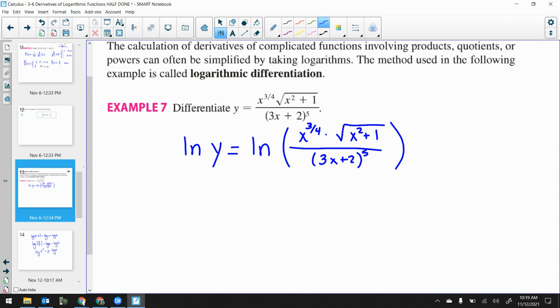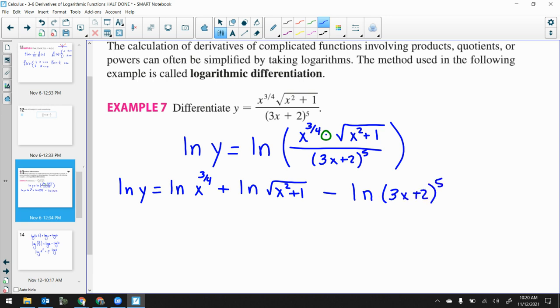I've got multiplication going on, so ln of y is equivalent to ln of x to the 3/4 plus ln of the square root of x squared plus 1 minus ln of 3x plus 2 to the 5th. Does everybody see what I did there?